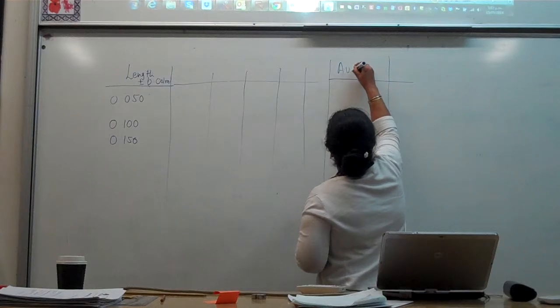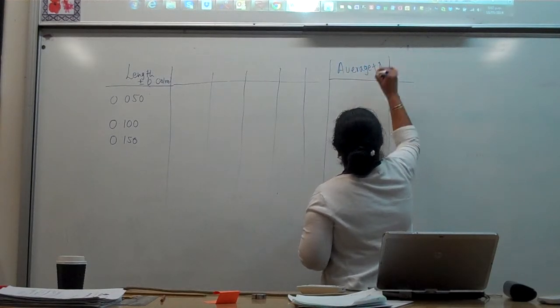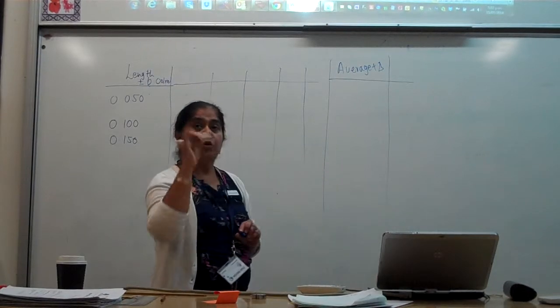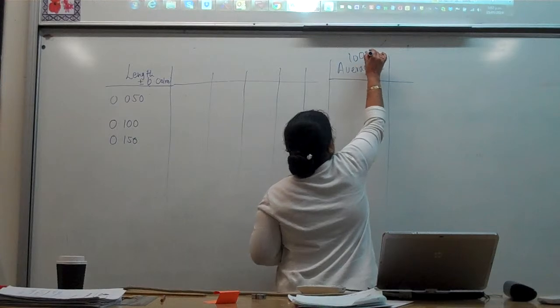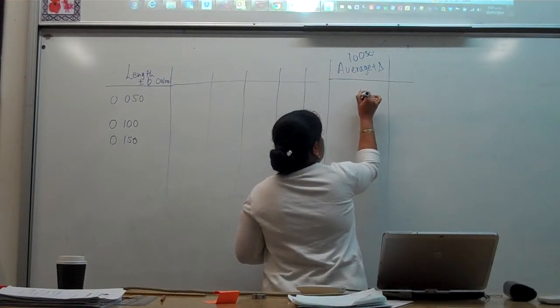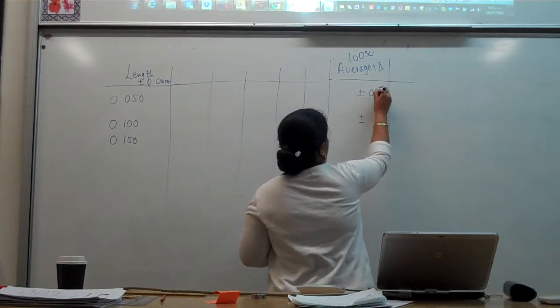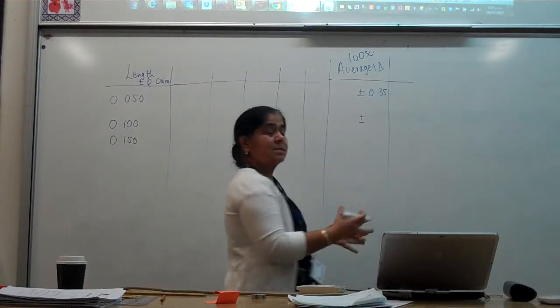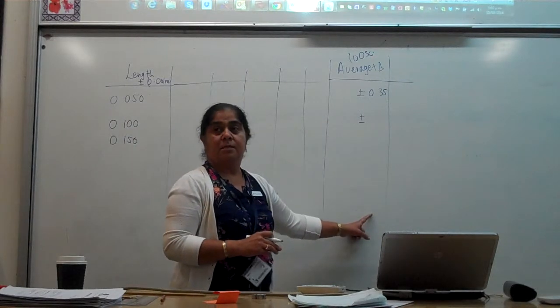the average, but this average with uncertainty is still your raw data because this is for 10 oscillations. When you do the uncertainties here, suppose you get an uncertainty of 0.35. Please just leave it as 0.35. Do not try to round it in this column.